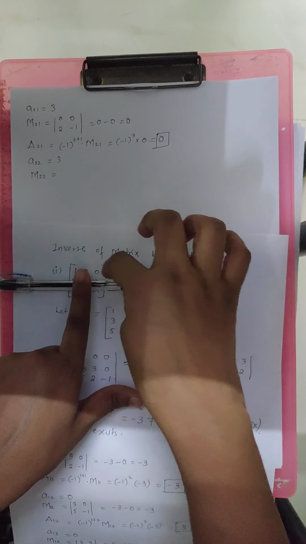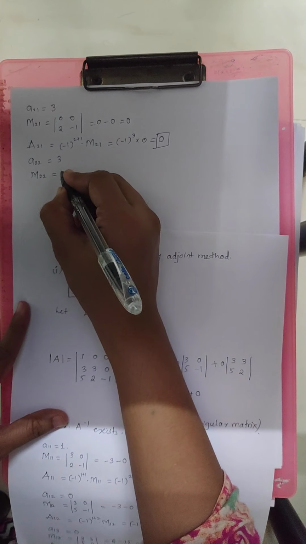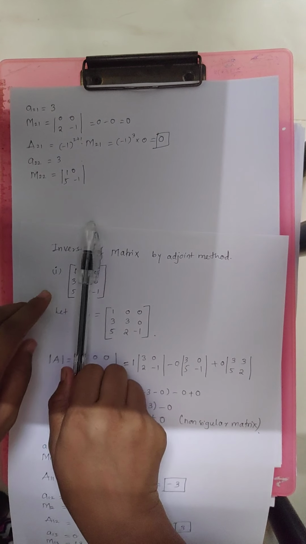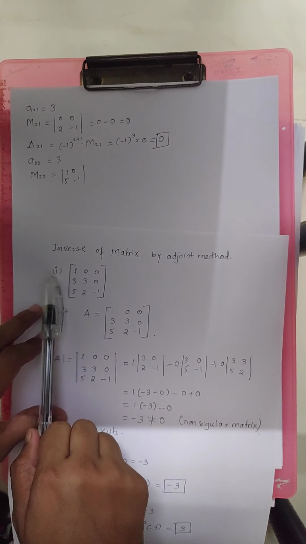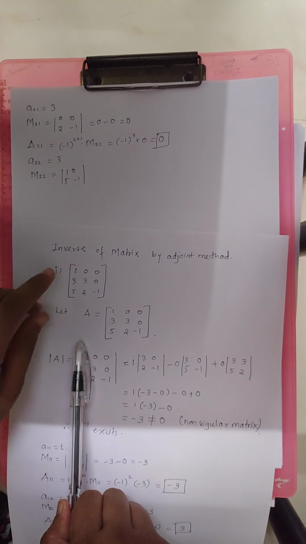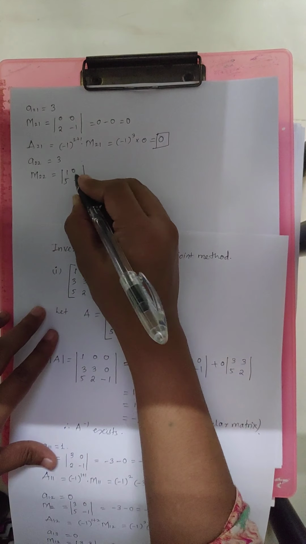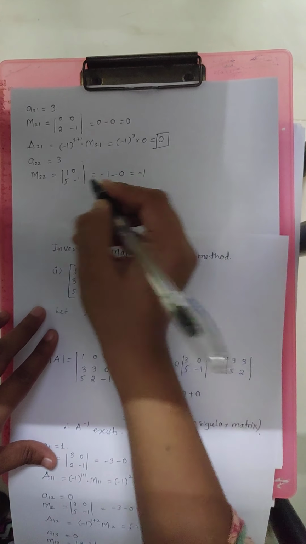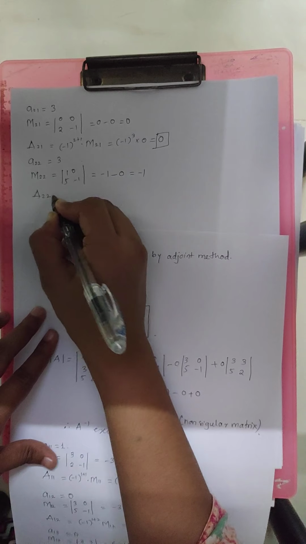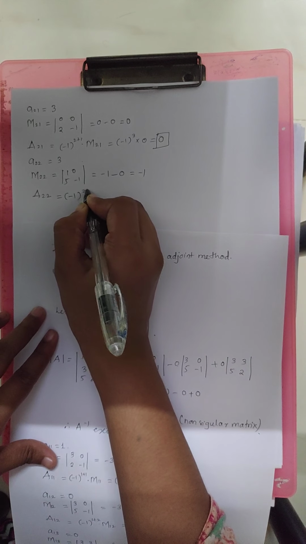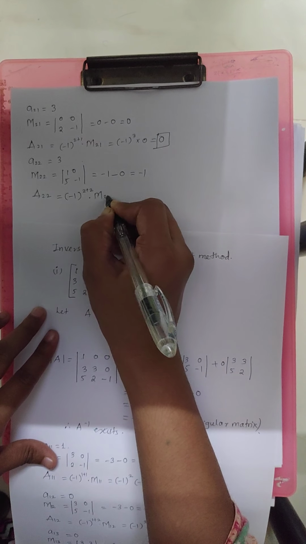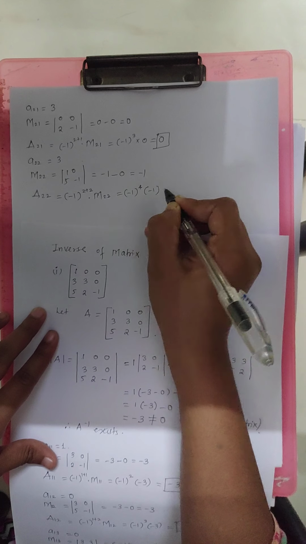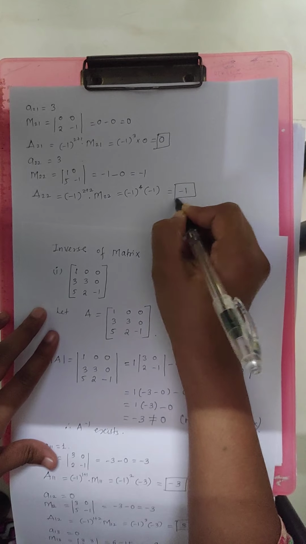So it will be [1 0; 5 -1]. 1 times -1, 5 times 0 is 0. So it is -1. What will be the cofactor A22? (-1) raised to 2 plus 2 times M22. (-1) raised to 4 times -1. So the answer is -1.